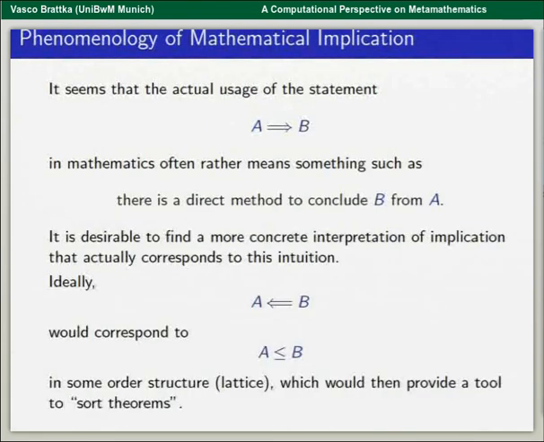Okay, so it seems that in applications, mathematicians occasionally use the notion of implication and equivalence in a slightly different way from our logical definition, namely in the sense that there is a direct method to derive B from A, as the interpretation of A implies B.